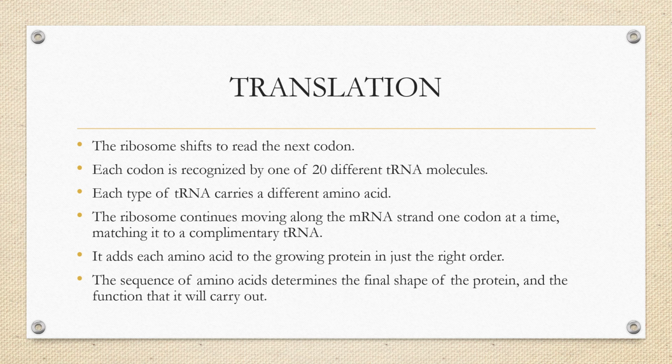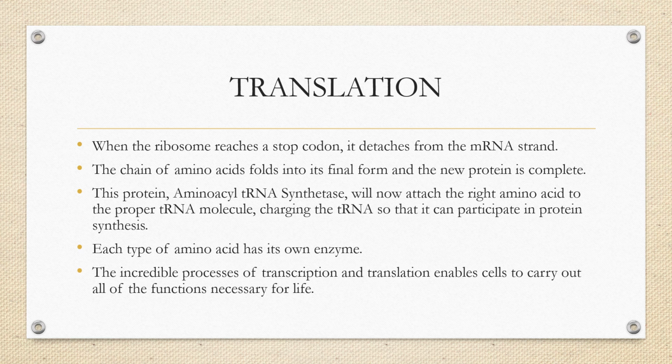The sequence of amino acids determines the final shape of the protein and the function that it will carry out. When the ribosome reaches a stop codon, it detaches from the mRNA strand. The chain of amino acids falls into its final form and the new protein is complete.